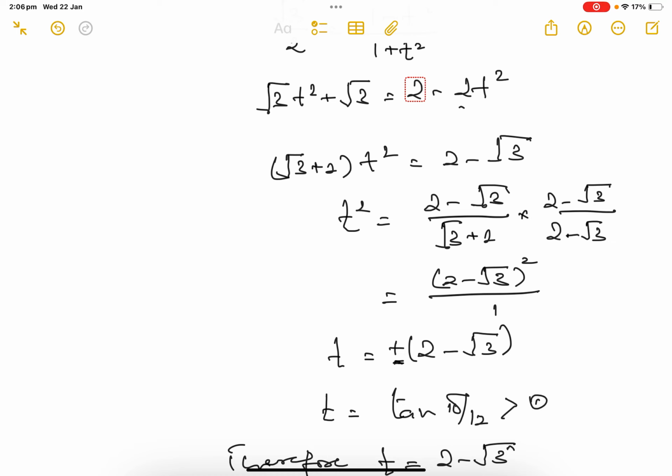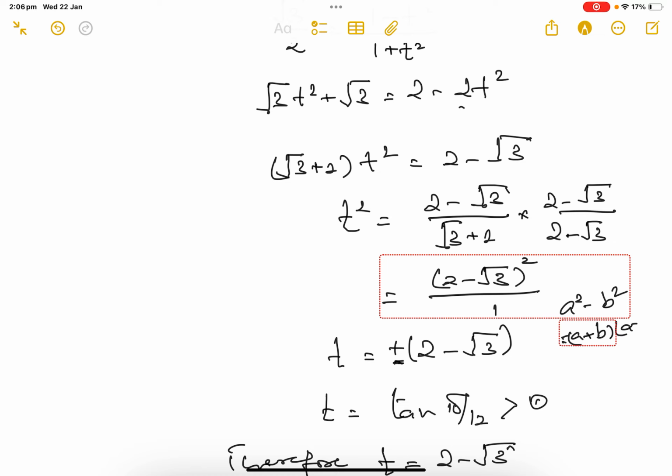This is a plus b times a minus b, so a squared minus b squared. 2 plus root 3 times 2 minus root 3 equals a squared minus b squared.